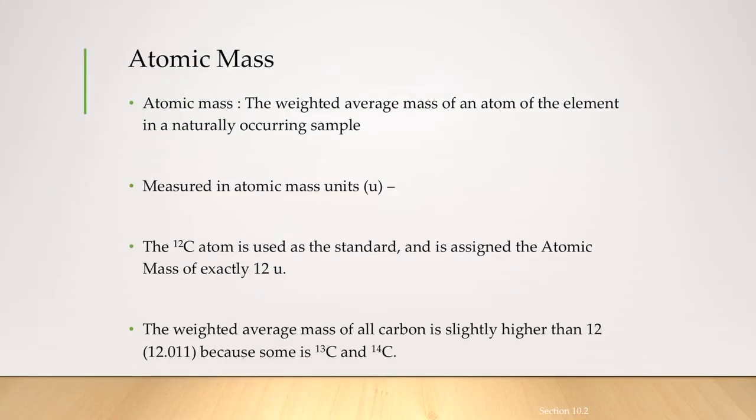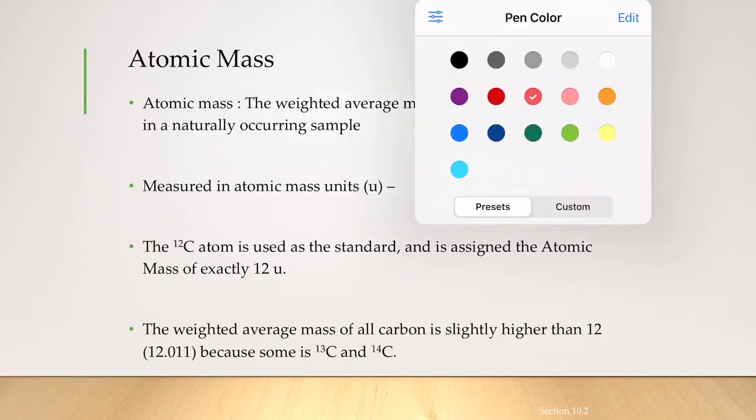To begin with, we also wanted to learn this term, which is called atomic mass. Atomic mass is the weighted average mass of an atom of the element in a naturally occurring sample. It is generally measured in atomic mass units, abbreviated as AMU.